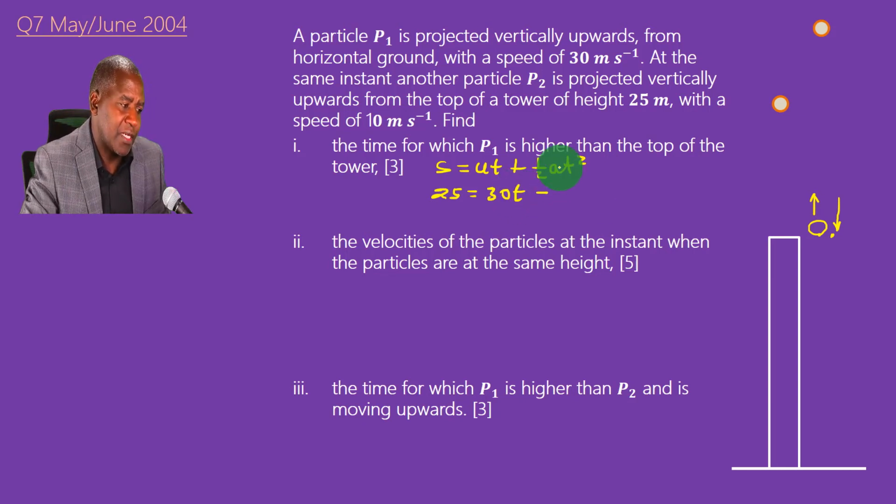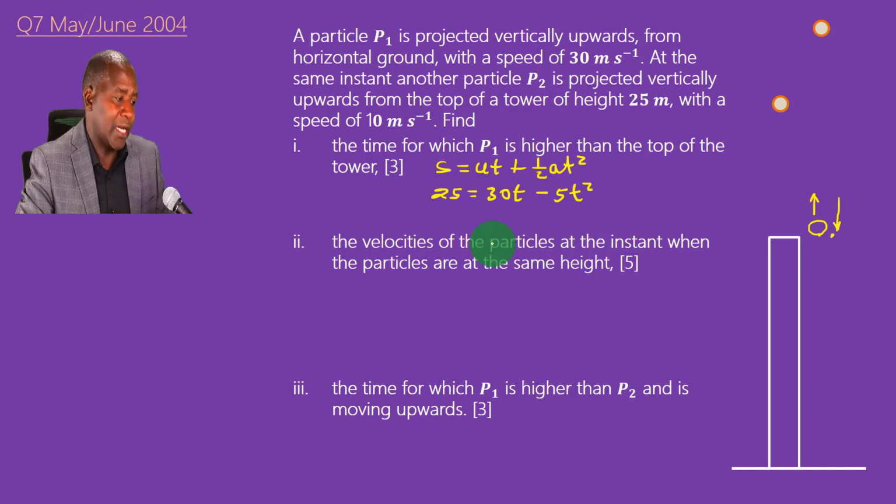The minus comes from the fact that I'm going to use 10 here. And when I use 10 multiplied by a half, I get 5t². I hope you have realized how I worked that out. I've just replaced a with minus 10 because the object is moving against gravity, vertically upwards.